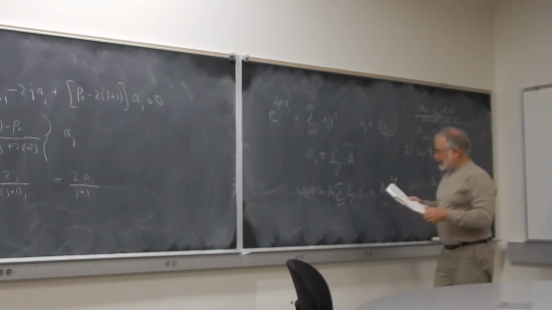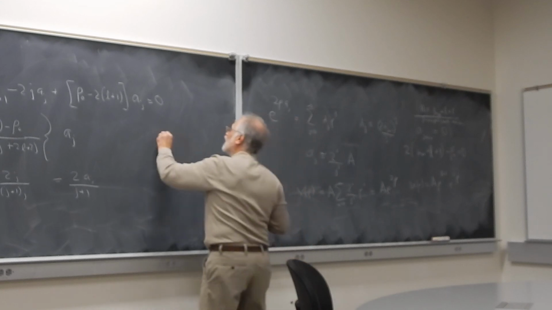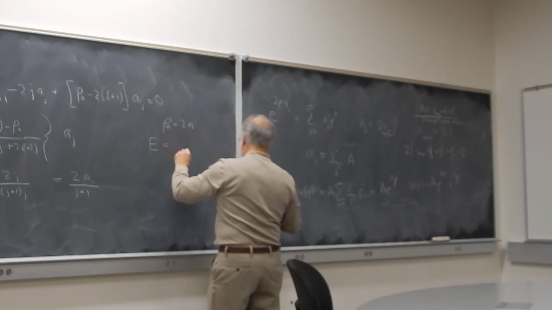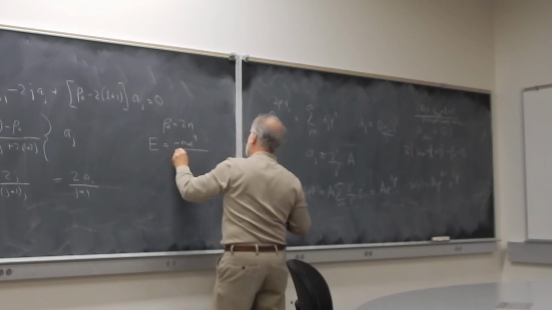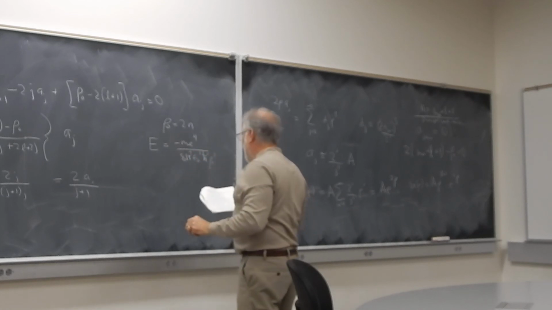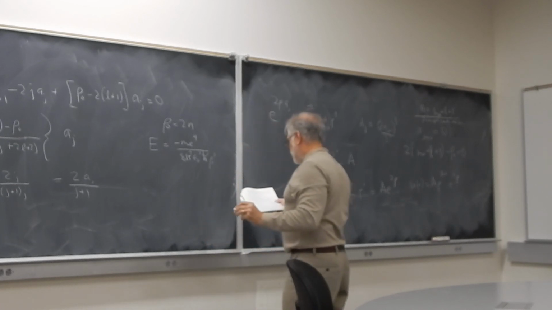And since rho naught is equal to 2n, E is equal to minus m e to the 4th divided by 8 pi squared epsilon naught squared h bar squared rho naught squared. N determines the energy eigenvalues.